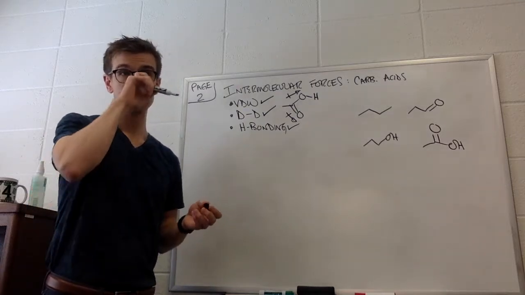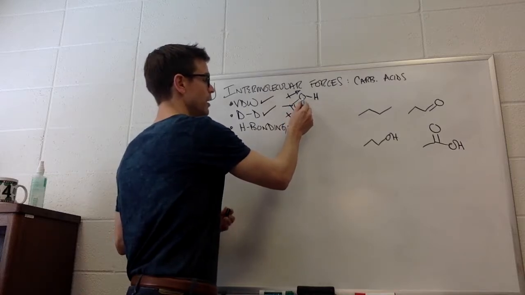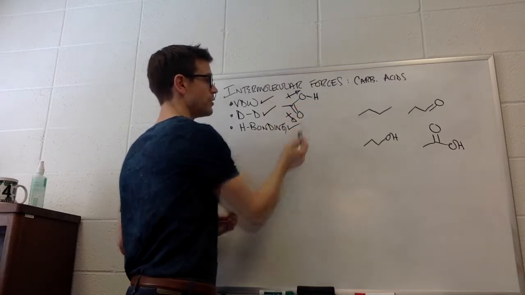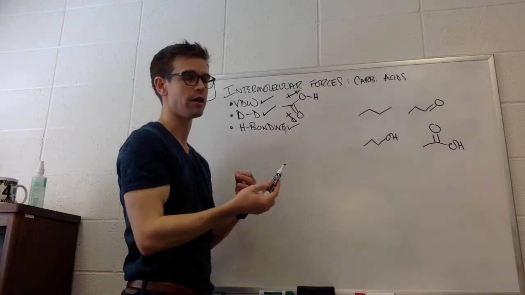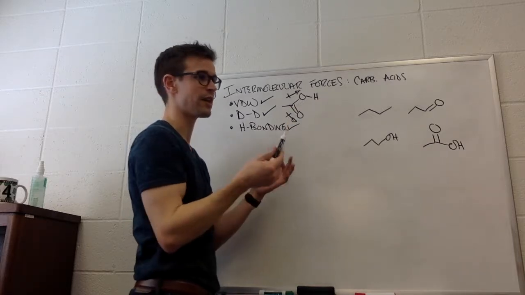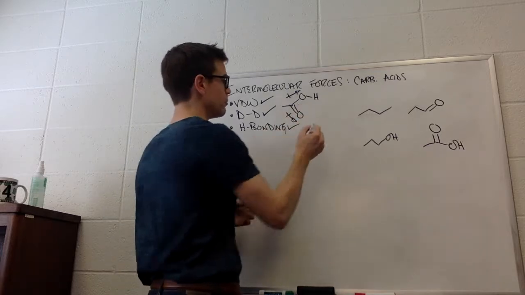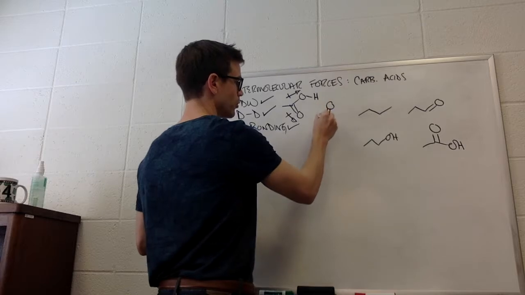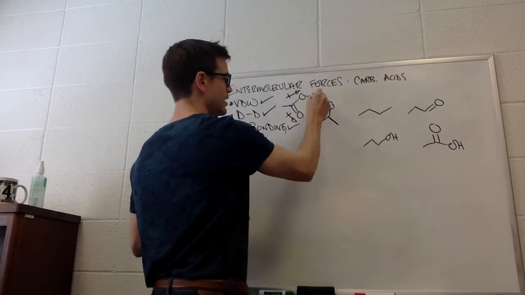H bonding means that an atom has a highly polarized bond to hydrogen. This oxygen-hydrogen bond here can hydrogen bond. And it's talking about an intermolecular force. This is an OH covalent bond. If we have another molecule of acetic acid, that can H bond to this.